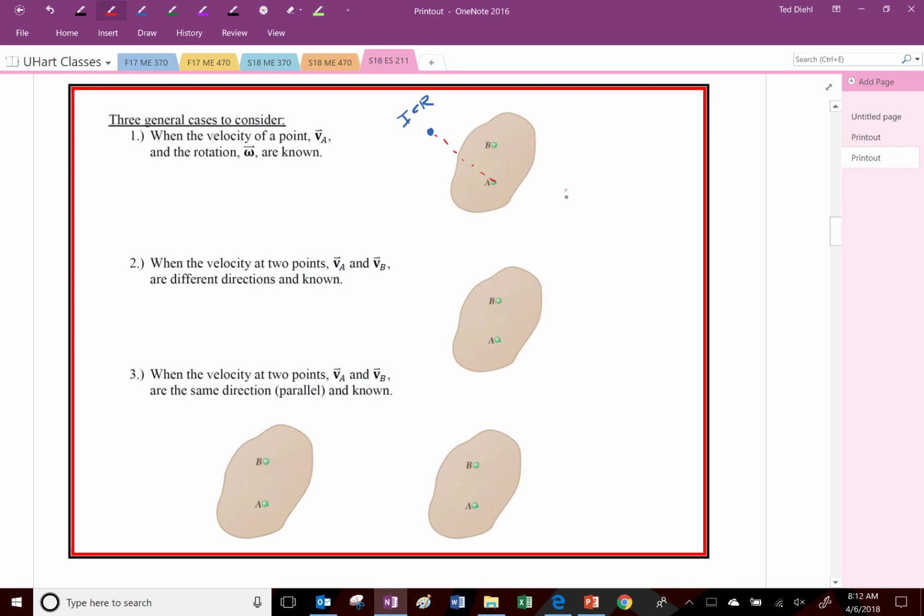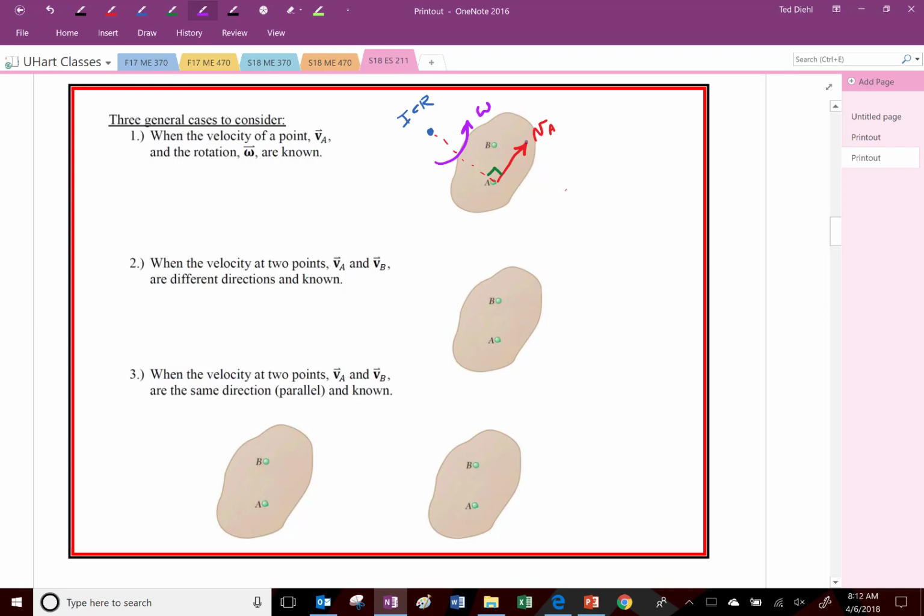Try to make it actually perpendicular there. That's the velocity of A. I'll mix around colors here. We know that's perpendicular right here. And then as soon as we have this omega, the rotation about that point, we could find the velocity.